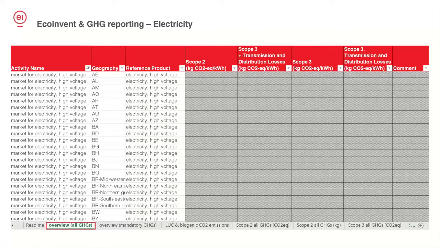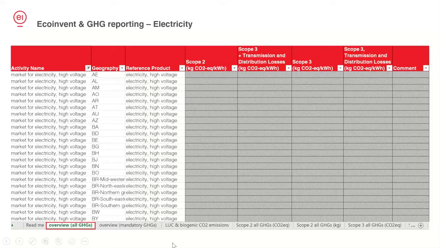So here you find Scope 3 emission factors that only include the losses. Here you would find the Scope 3 emission factors that relate to all the emissions occurring along the supply chain but the losses. And then this one is the sum of the previous two.